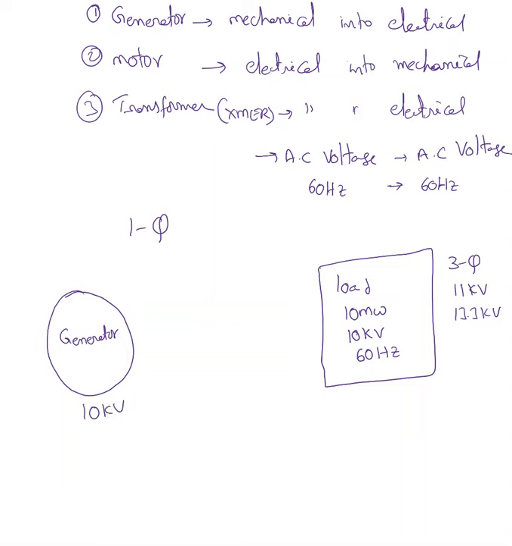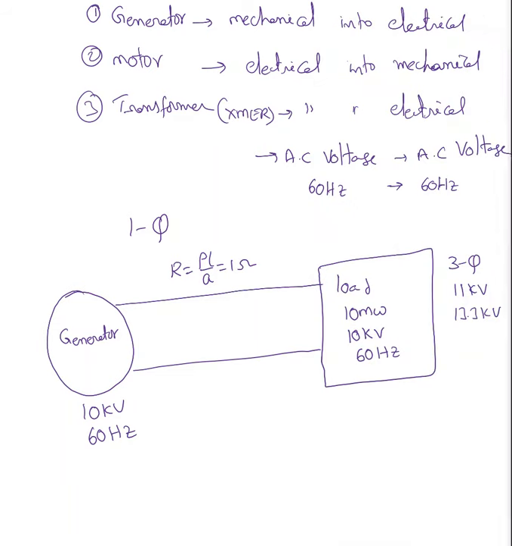Assume this generator is a little far away from the load center, maybe 10 miles. Every wire in this transmission system will have some resistance, R equals rho L by A. Assume that is 1 ohm, including both wires.